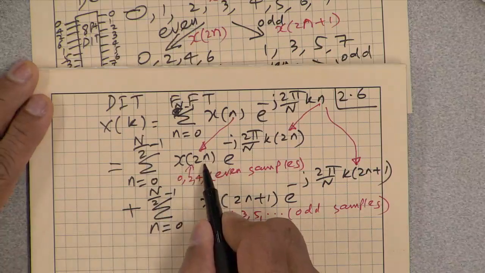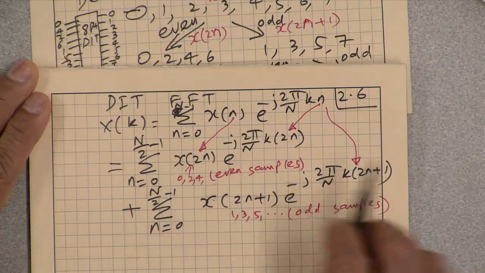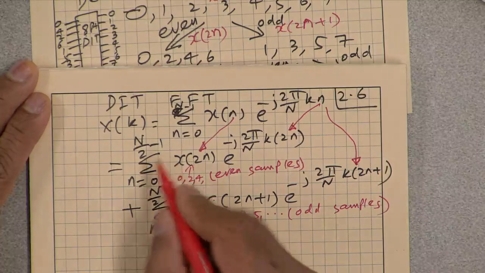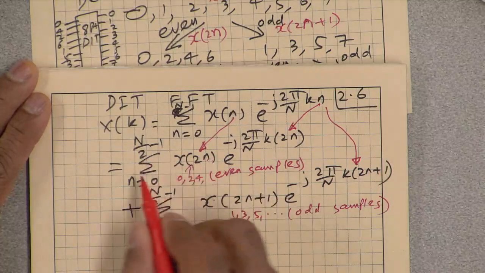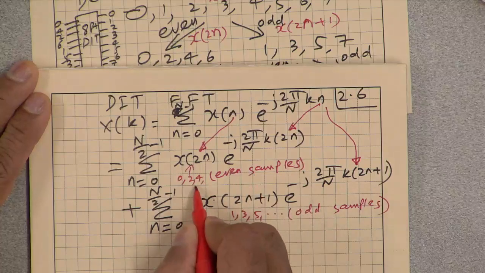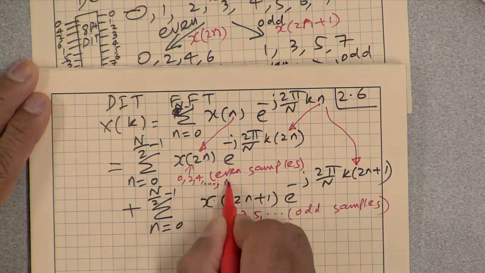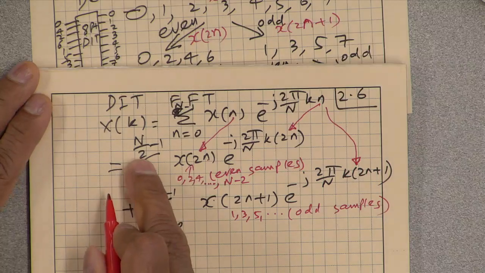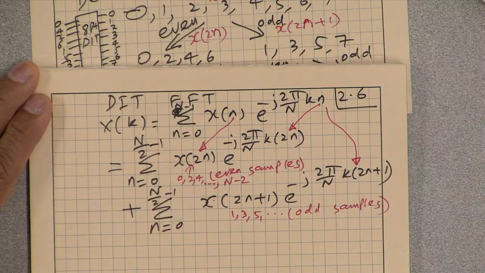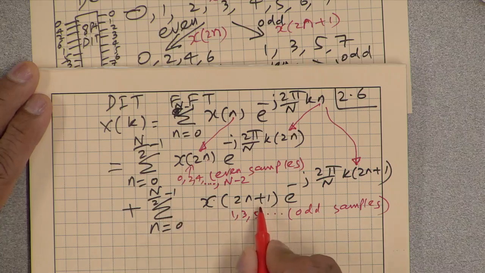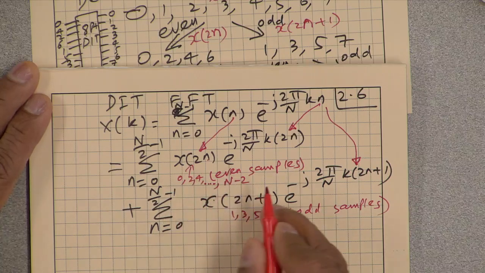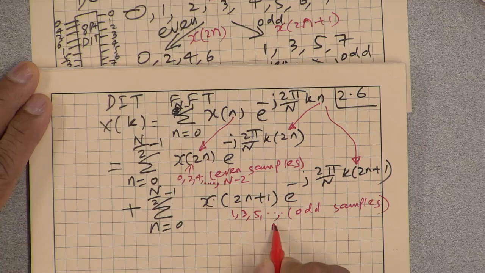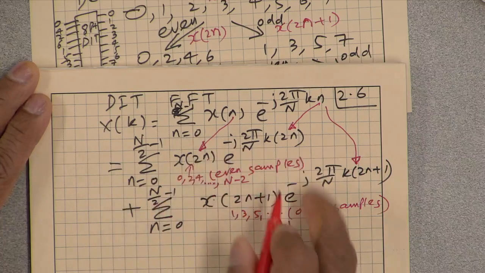So for the very last sample number, when you substitute here 2 times N by 2 minus 1, this will be up to N minus 2. So the last index of the input will be x[N minus 2]. The 2 cancels out, we get N, 2 times 1 is minus 2. And the very last one in the odd part will be the same thing plus 1, so up to N minus 1. So that's the whole index range now.